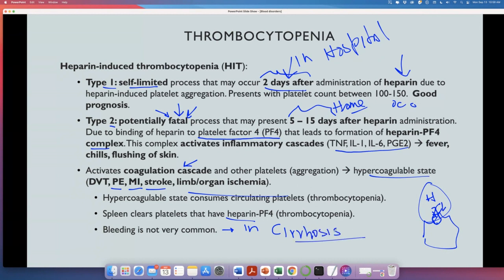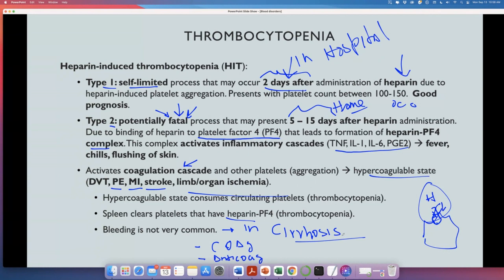Why? If someone has liver cirrhosis, liver failure, and we know that the liver is the one that makes all the clotting factors, people with cirrhosis don't have excessive bleeding because the liver makes the coagulation factors, but also makes the anticoagulation factors, and also makes the fibrinolytic factors, make everything.